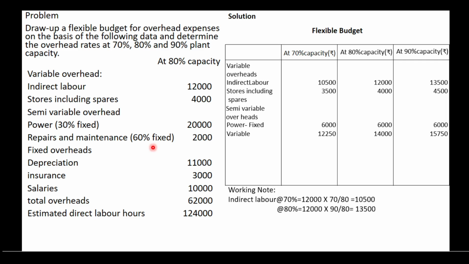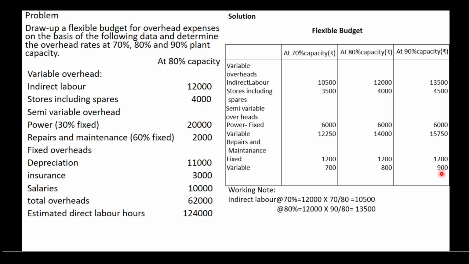So that is 800 into 70 divided by 80, rupees 700. For the 90%, 800 into 90 divided by 80, 900 rupees. So this is the repairs and maintenance.